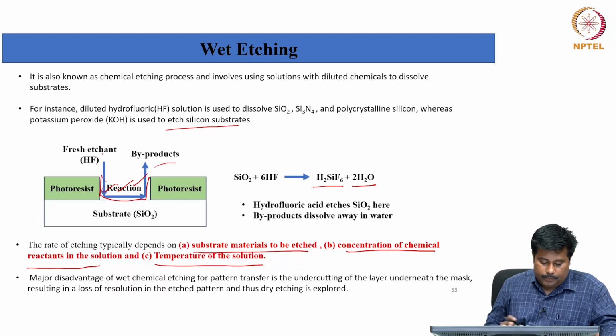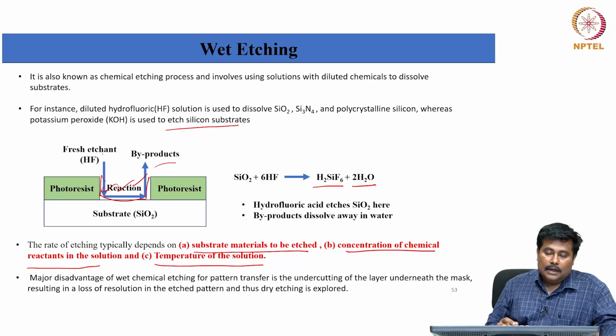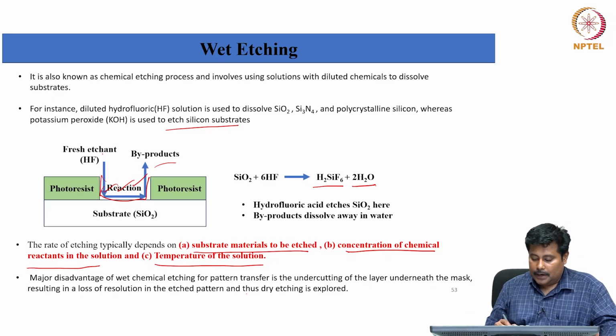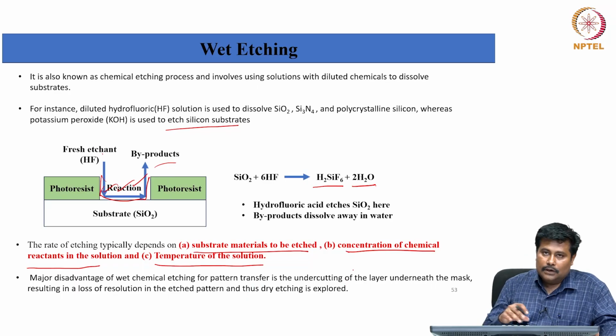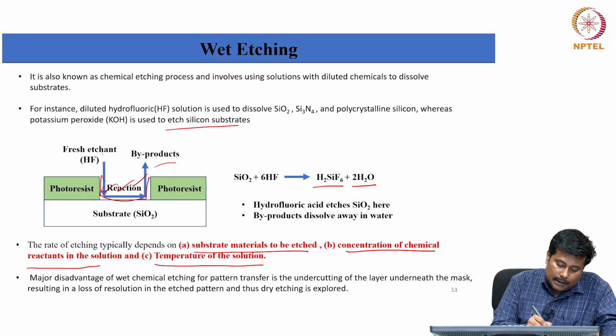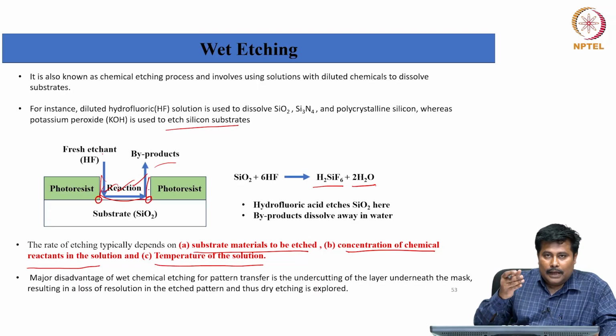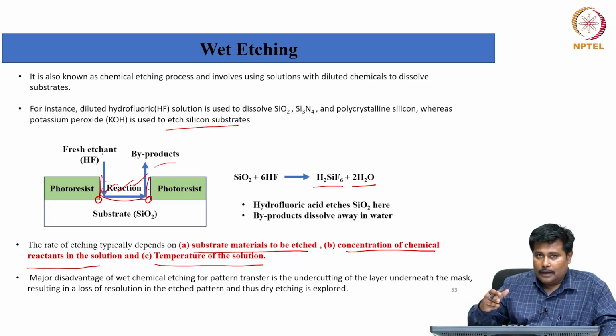However, the major disadvantage of wet chemical etching for pattern transfer is the undercutting of the layer underneath the mask, resulting in loss of resolution in the etched pattern, and thus instead of chemical etching, a dry etching can be explored. This undercutting is nothing but, sometimes at this curved surface, it might not be a proper cut, it might be a curved surface which may exhibit.